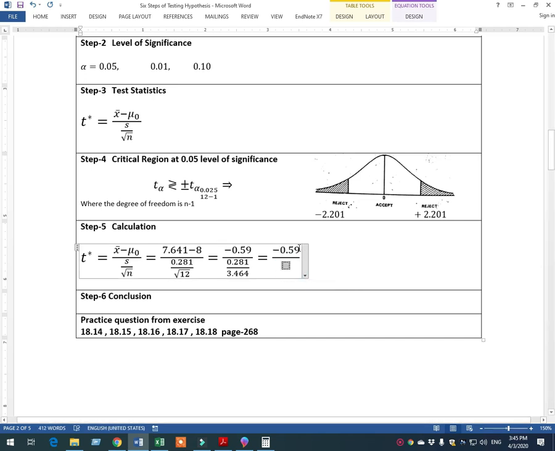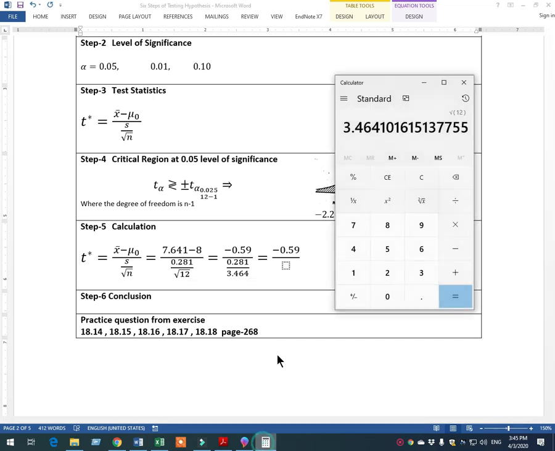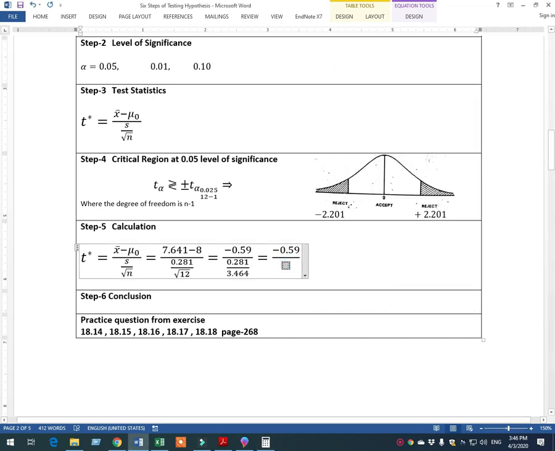Now I am dividing 0.281 by 3.464, which is 0.0811.